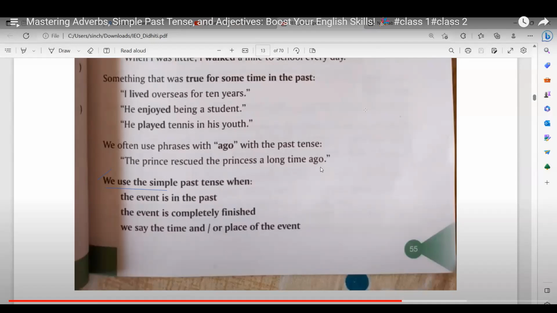What happened? Nobody can give me an example. Debanshu, can you tell me? Ma'am, can I tell? Yes, tell me, Tuhin.